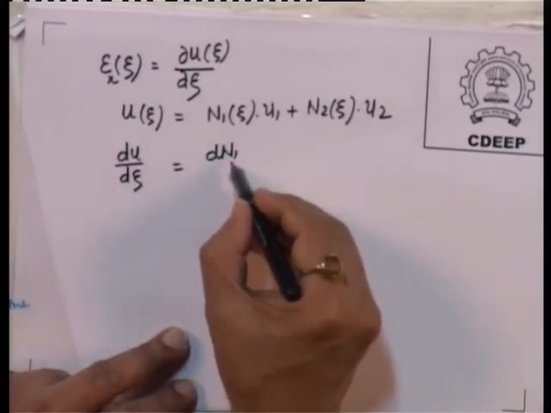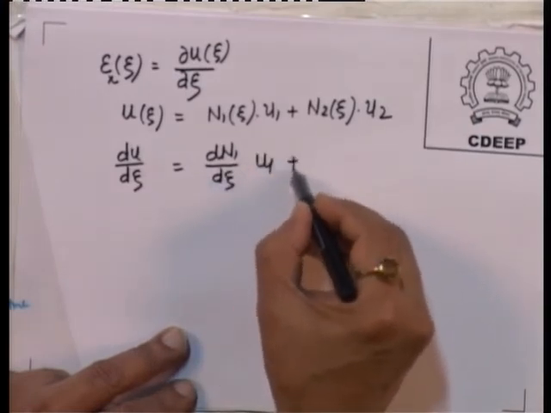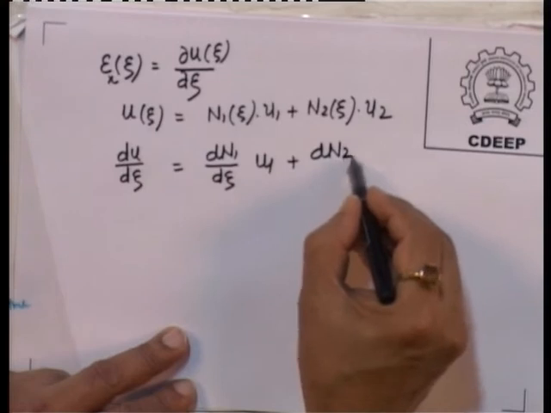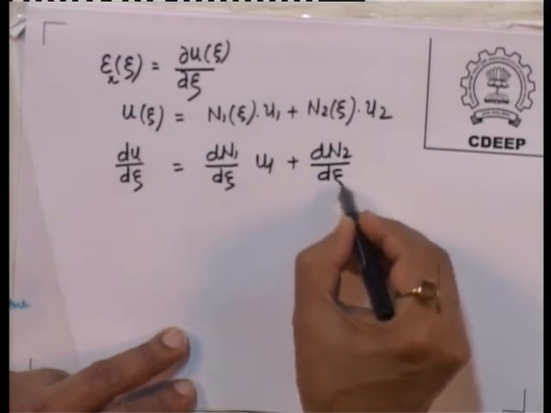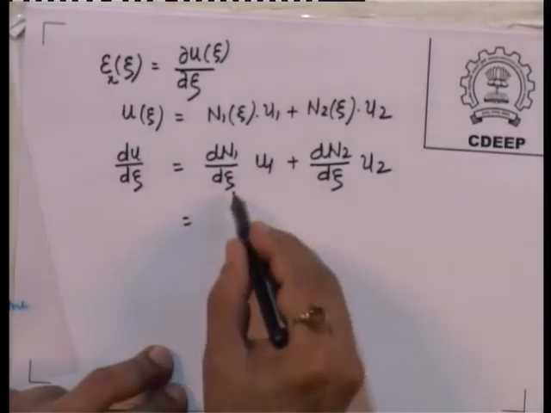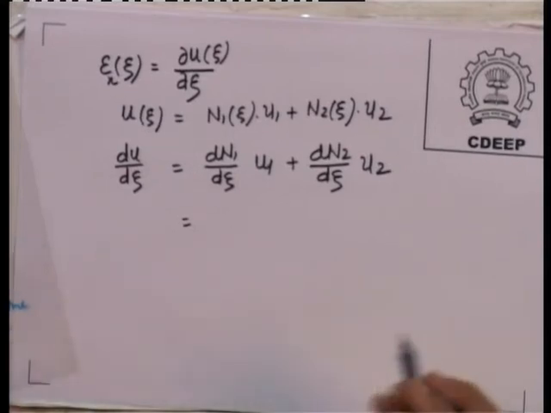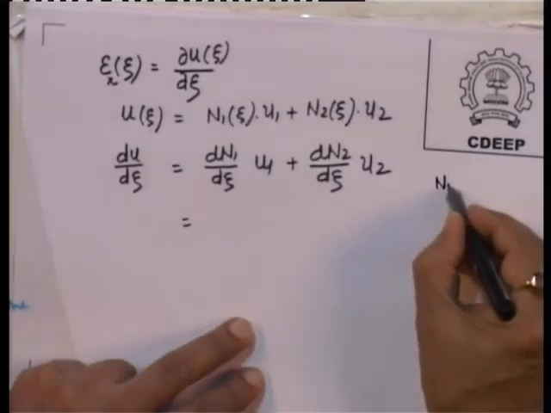So du by d psi is equal to dn1 by d psi u1 plus dn2 by d psi u2.